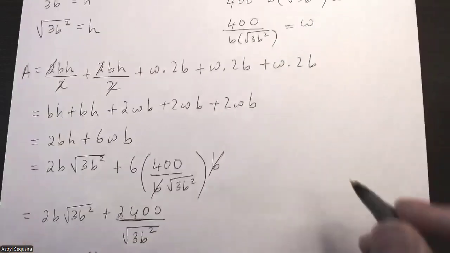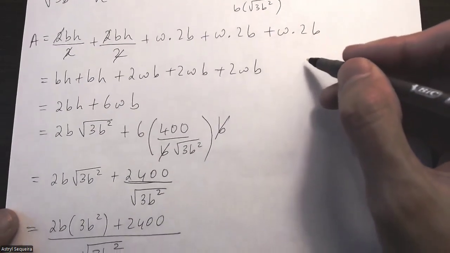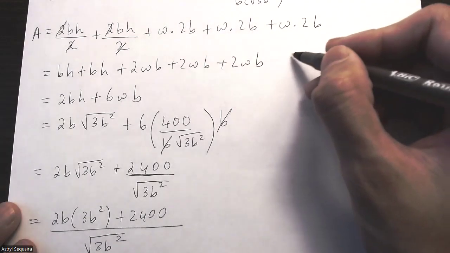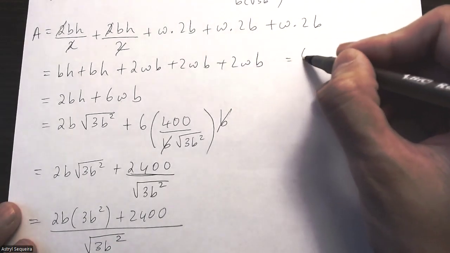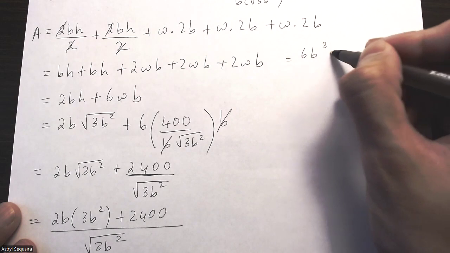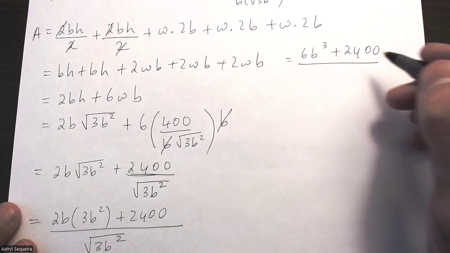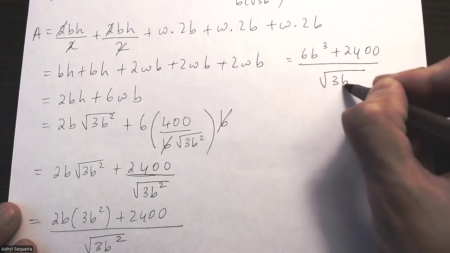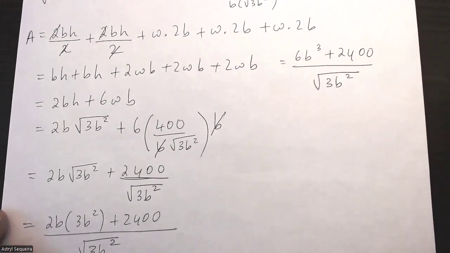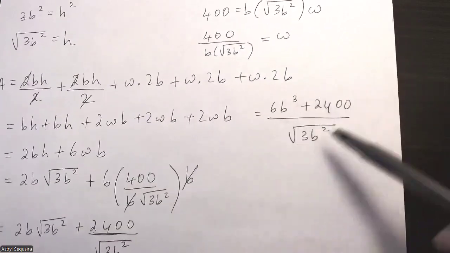So that's just 6b cubed plus 2400 divided by square root of 3b squared. This is as simplified as this can get.